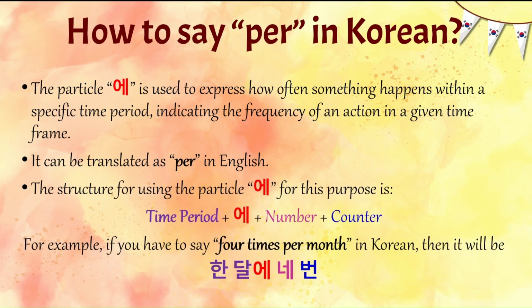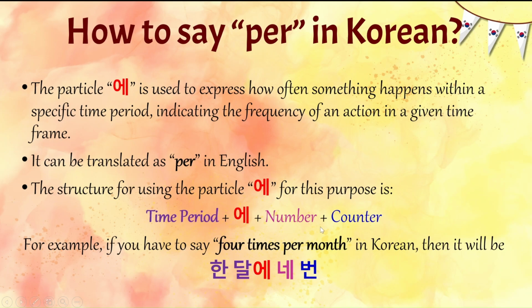Now, let's look at the structure for using the particle 에 for this particular purpose. The structure is: first comes the time period, day, month, year, week, whatever. Then you attach the particle 에 to that time period.